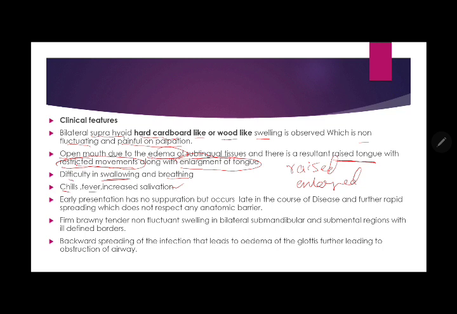In its early presentation, Ludwig's angina has no suppuration, but it occurs later in the course of the disease, and the phenomenon spreads very rapidly and does not respect any anatomic barrier.